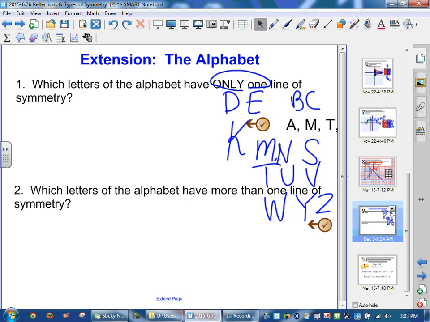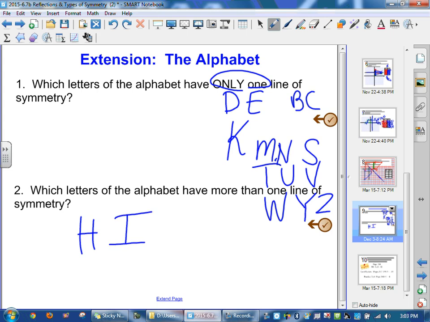Okay. Let's take a look at which ones have more than one line. Well, which ones aren't on this list? Now remember, some have none. So, A, B, C, D, E, F. Does it have any? No. G? No. H? Yes. I? J? K? L? M? N? O? Well, O has more.